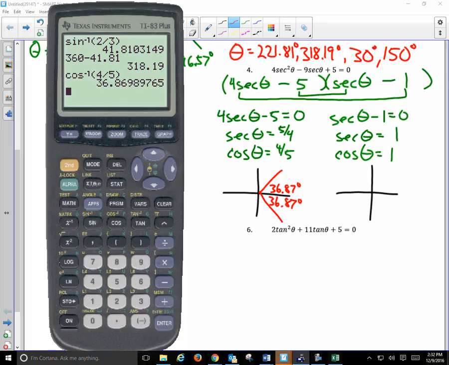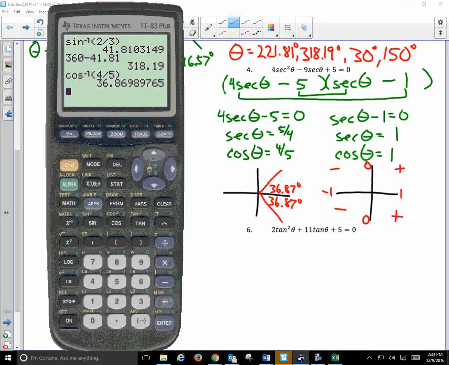And the other one, I don't need to draw reference angles, do I? If you have a value of 1, you need to think about where is cosine 1. Well, remember, cosine is positive, positive, negative, negative. So if you cross over from positive to negative, what number do you have to cross over? 0. So it looks like cosine is negative at those spots. It's negative 1 there. It's positive 1 there.